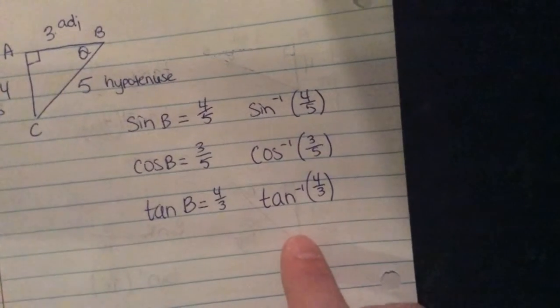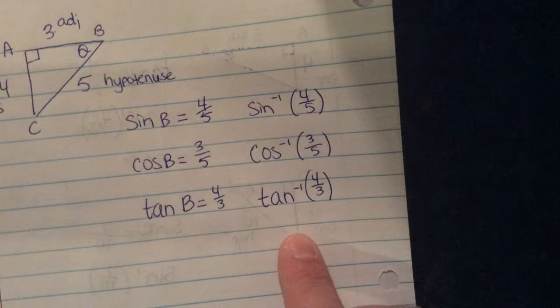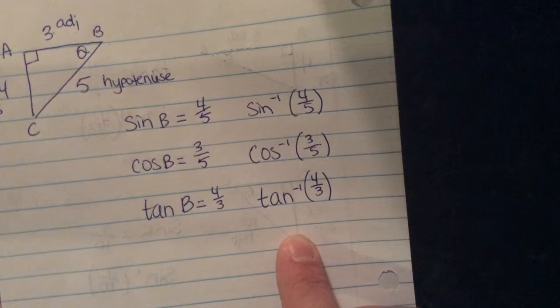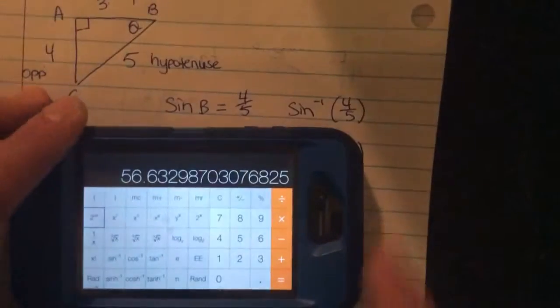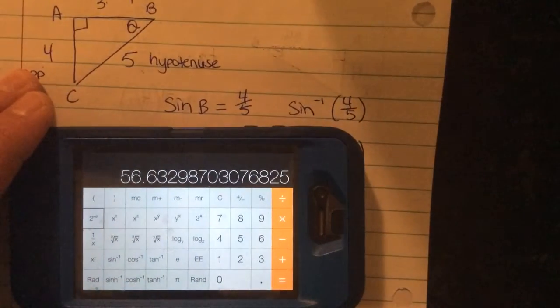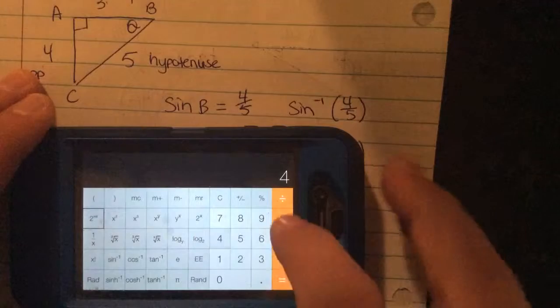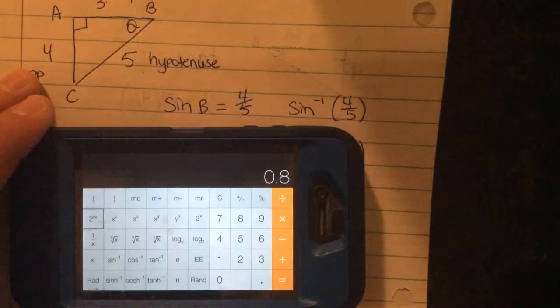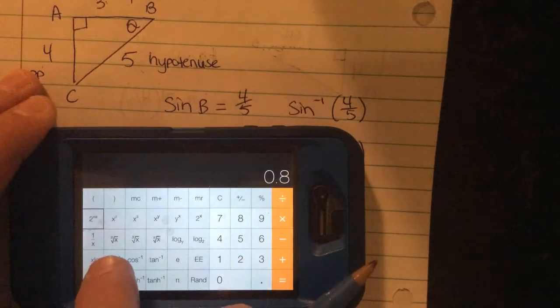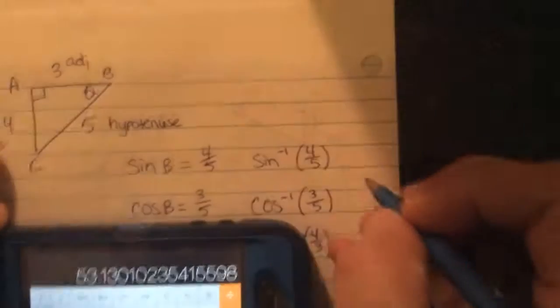Now, the important thing to note here is that no matter which way you type this in, which one you choose, you're going to get the same answer. So let's prove it. We want to do inverse sine of 4/5. So 4 divided by 5, 0.8. We're going to do inverse sine. That's going to be 53 degrees.